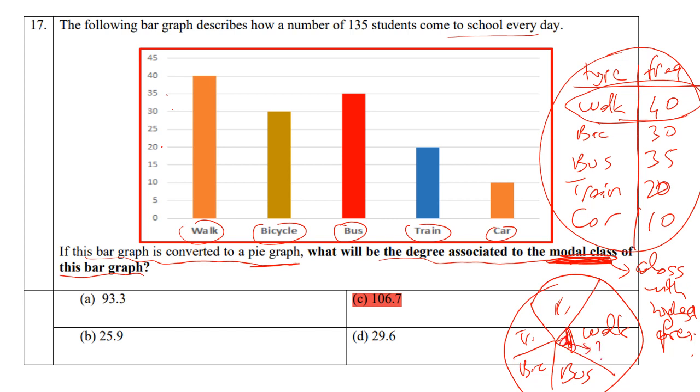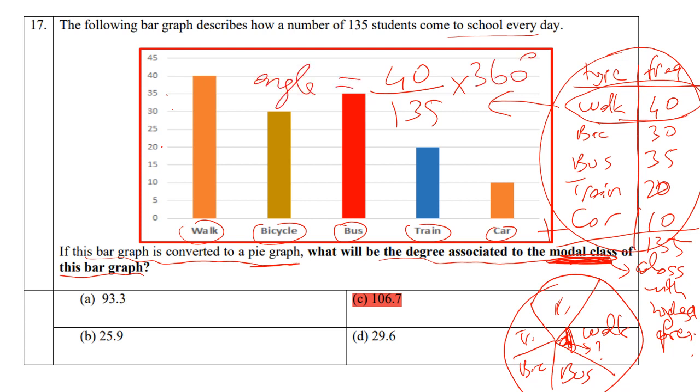If you want to do a pie chart here, the corresponding degree for this one will be 40 over the total here. The total is 135, times 360 degrees. So this will be the corresponding angle. If you use a calculator, you will get 106.7.